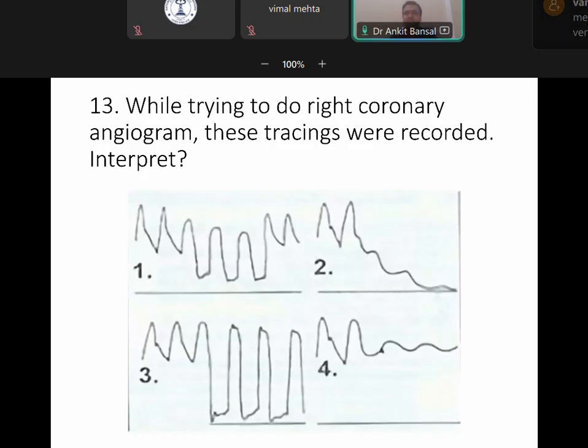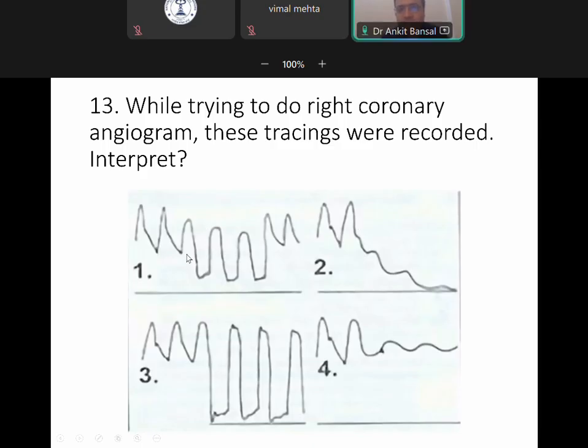So somebody asked what is the difference between damping and ventricularization. I will go back to the previous slides again. Damping is a decrease in, not absence of, the normal waveforms. The dicrotic notch will be lost. Both the systolic and the diastolic pressure will decrease, but the waveform will be of the aorta only. This is damping.